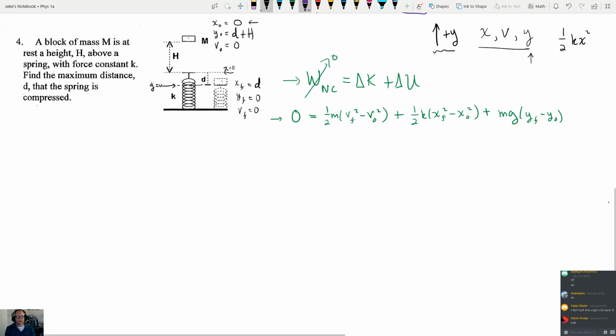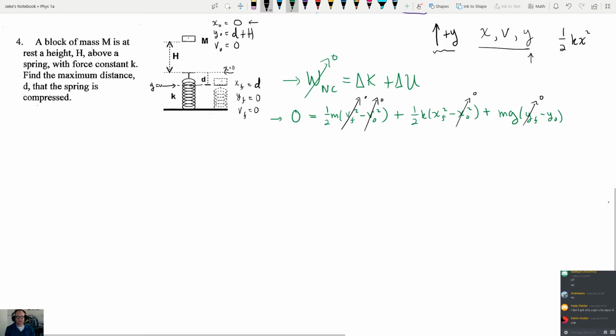All right. Now let's write out what is 0. We said initial velocity and final velocity are 0. We didn't need to write either of these things down. We also said that the initial compression of the spring was 0, and we made y final equal to 0.